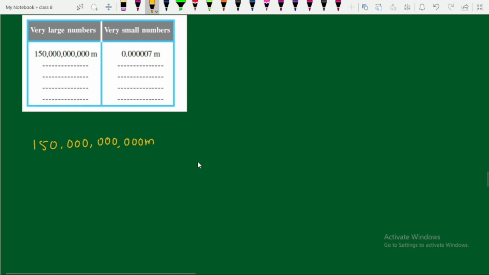This one we are going to write in standard form. Standard form means, as I already discussed, it is written in the form of p into 10 raised to n, where p lies between 1 and 10, and n is an integer. If you write in this way, then the given number is in standard form.